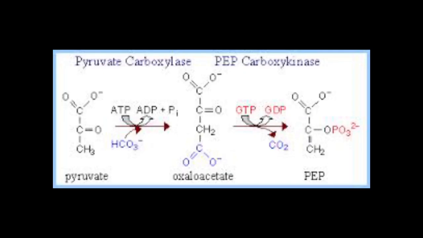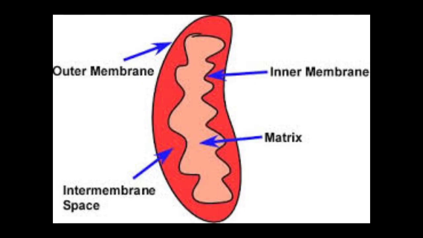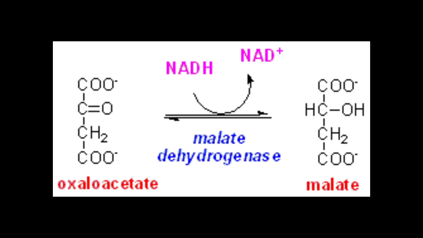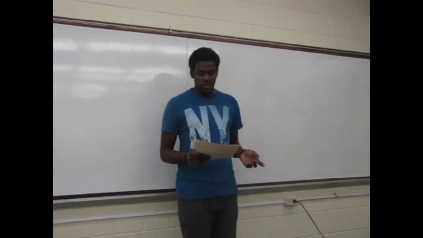The first bypass reaction is where pyruvate is converted to oxaloacetate in the mitochondrial matrix by pyruvate carboxylase. Once oxaloacetate is formed, it cannot leave the mitochondrial matrix and is therefore reduced to malate by mitochondrial malate dehydrogenase.